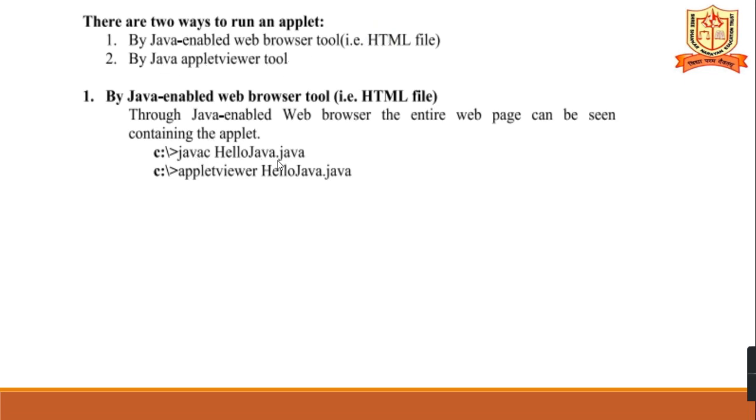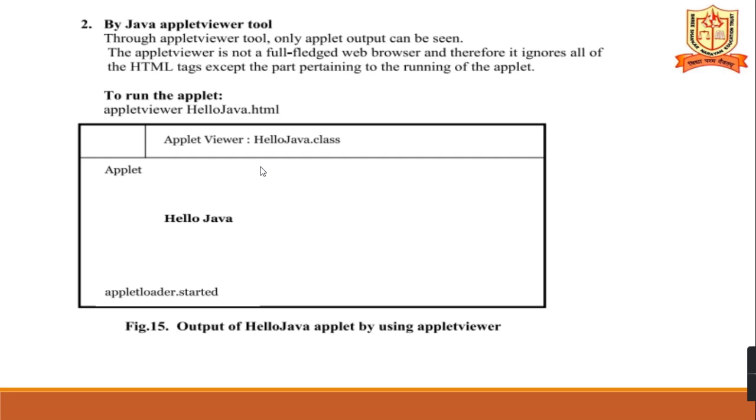So javac hellojava.java, appletviewer hellojava.java. This is the way to run the applet. By appletviewer hellojava.html, with the HTML extension, you are running the program. So this is the output of the program.